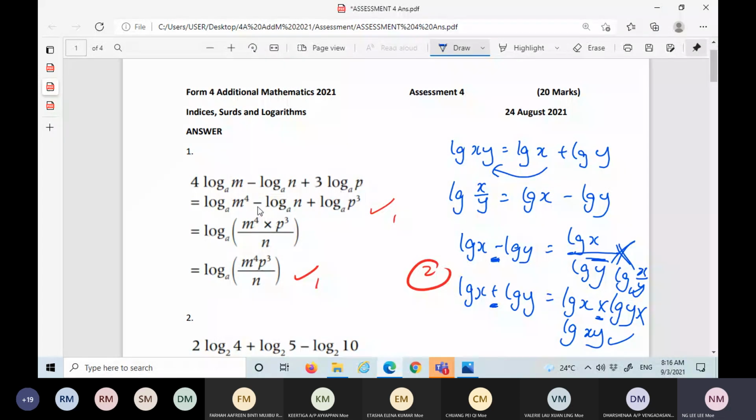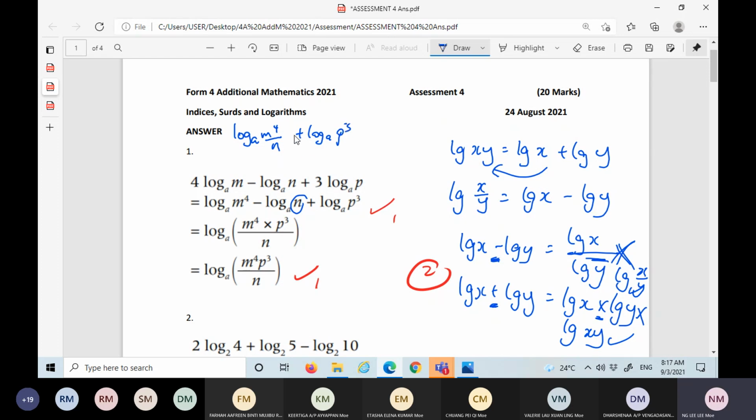When it is minus, this one is at the numerator. When minus, this is divide. And when plus, this is times. If you cannot do it in one shot, do it step by step, you will see. So you see, log a to the power 4 minus, so you combine then it becomes divide. And then you plus with this.